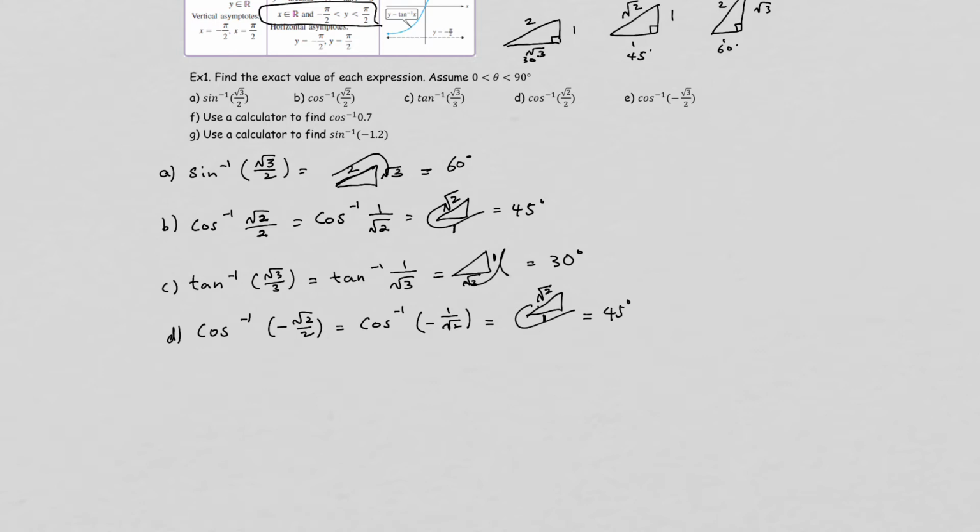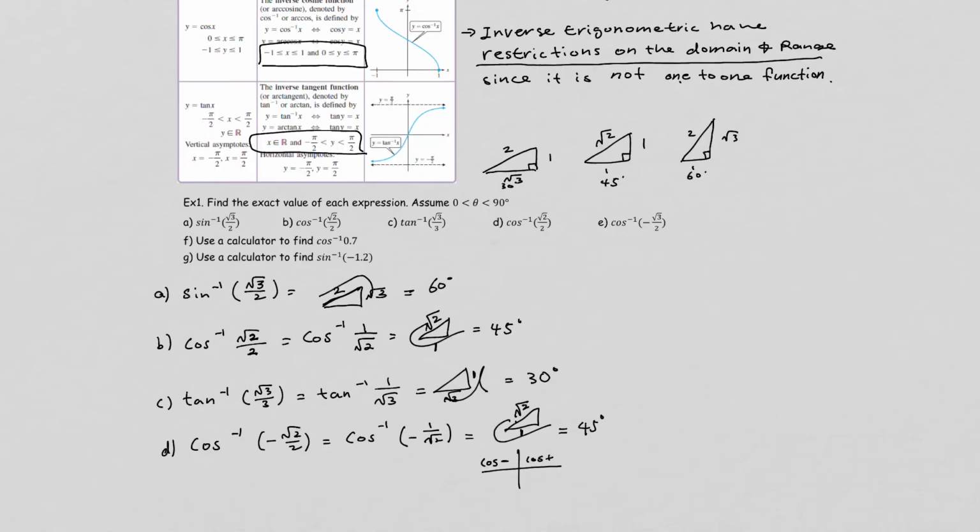At the same time, you need to look for the negative. So negative with 45 degrees, cosine is positive in the first quadrant, and cosine is negative in the second quadrant. And remember, when you're looking at the restricted domain for cosine, it should be 0 to pi.